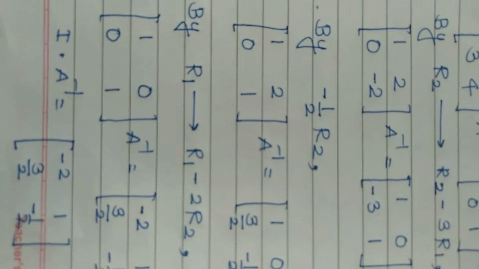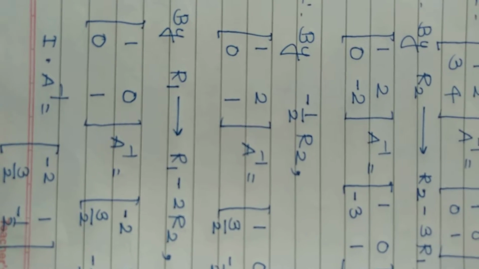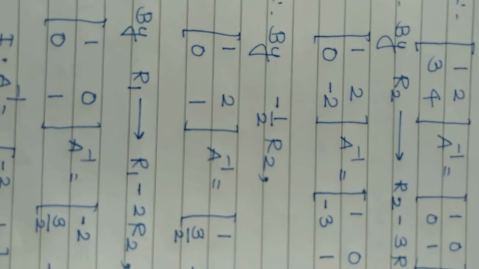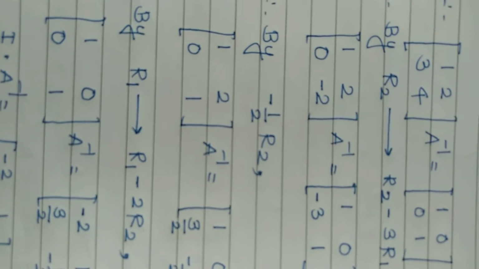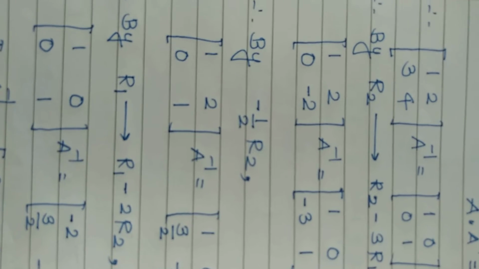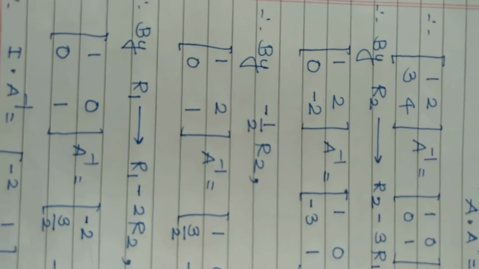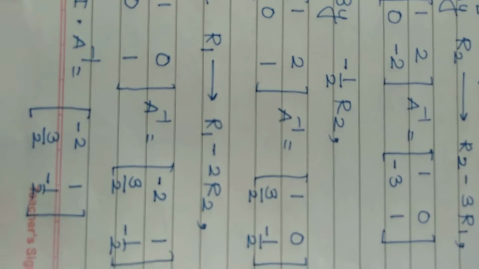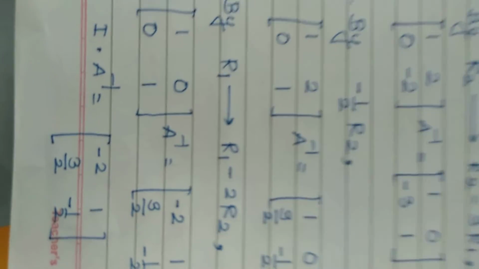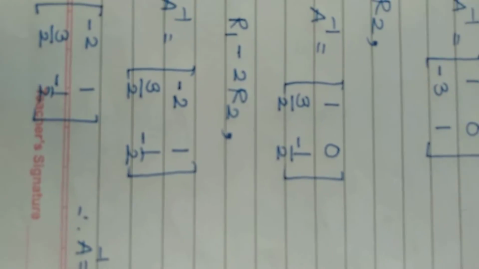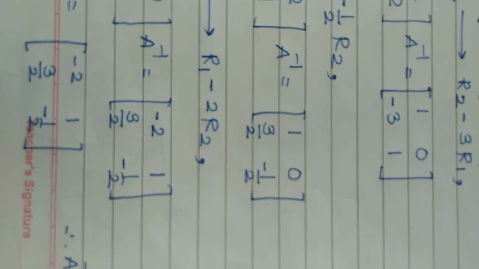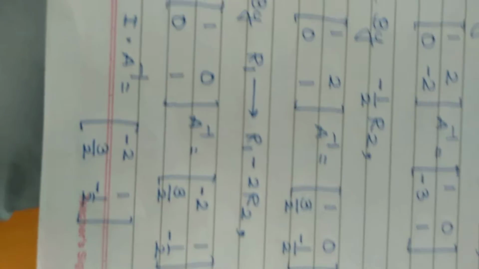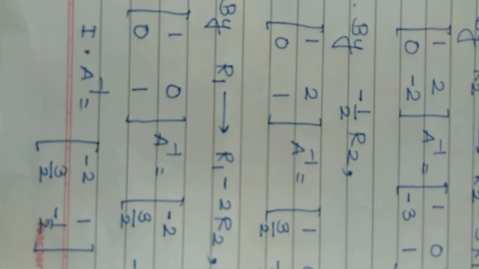Now by using minus 1 by 2 R2, because we expect 1 in place of minus 2, we divide both sides by minus 2. So you will get 1, 2, 1, 0 and 0, 1, 3 by 2, minus 1 by 2. Then for the next operation, in place of 2 we expect 0.